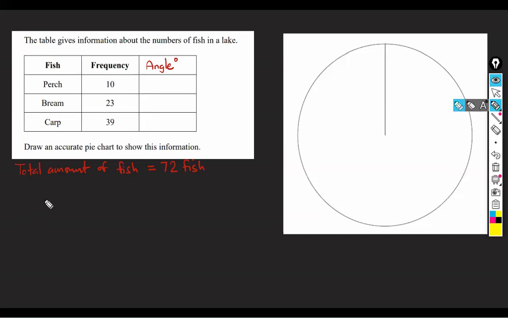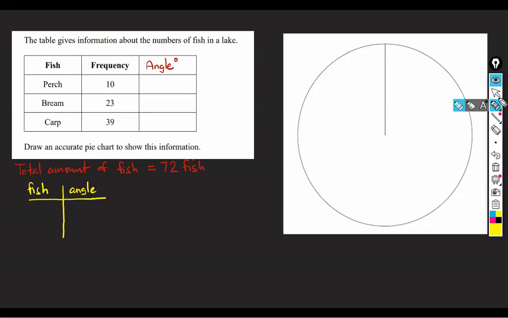So we could draw a little relationship like this. I like to use the cross for this. Everyone draw up a small cross like this and put fish on one end and angle in the other column. Because it's two things we're measuring or comparing here. Each fish is going to be represented by a certain angle. So you want to find a relationship between fish and angle.